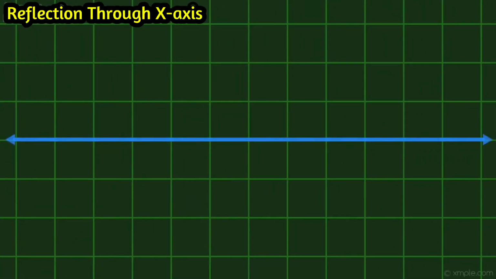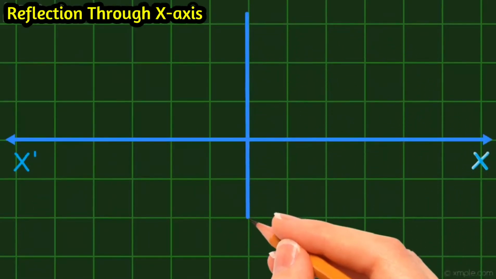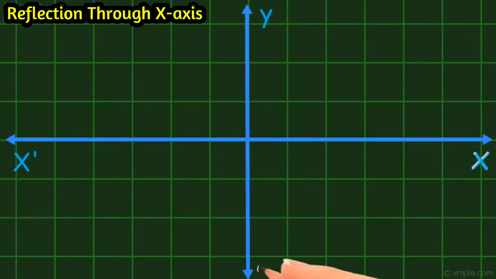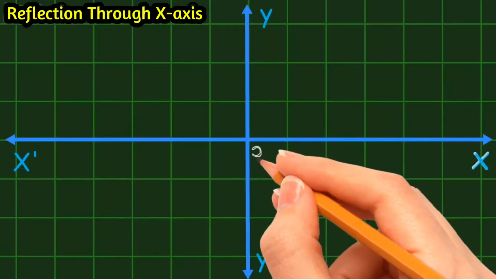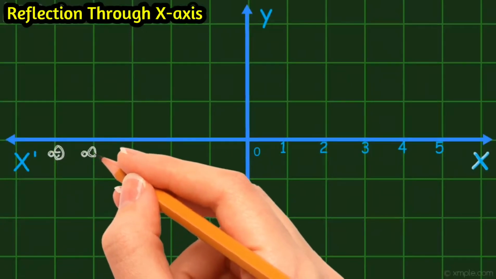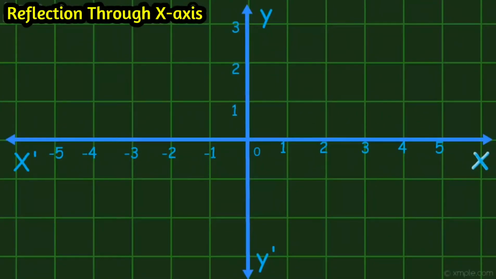Now students, first draw the coordinate axis, x-axis, then y-axis, and write the points on the positive part of x-axis, then on the negative part of x-axis, positive part of y-axis, negative part of y-axis.